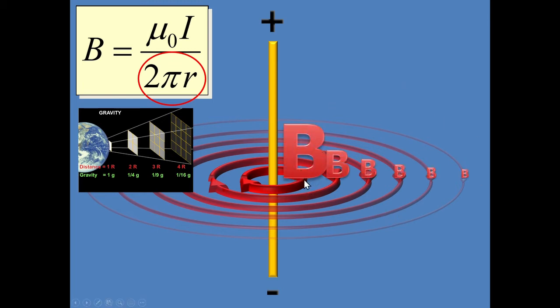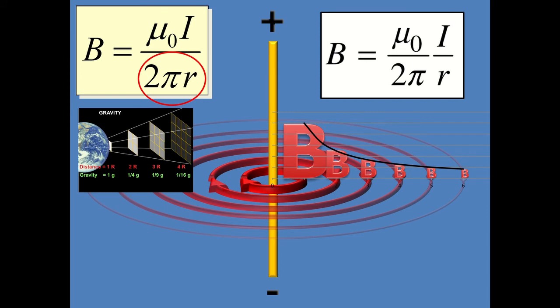Okay. Anyway, right here, very strong field close to the wire. Further away, the magnetic field gets weaker and weaker, but it gets weaker as an inverse relationship. Not an inverse square, just a straight up inverse relationship. So that if the radius and the strength of the field are inversely proportional, 9 times the distance, 1/9 the strength of the field.